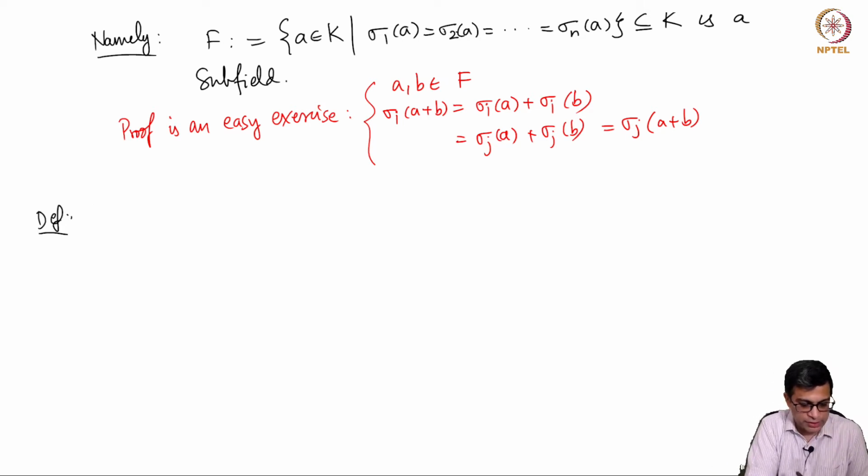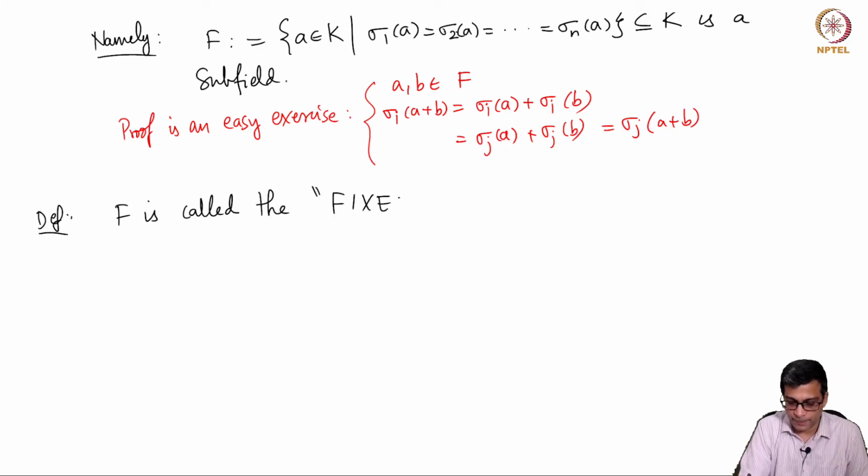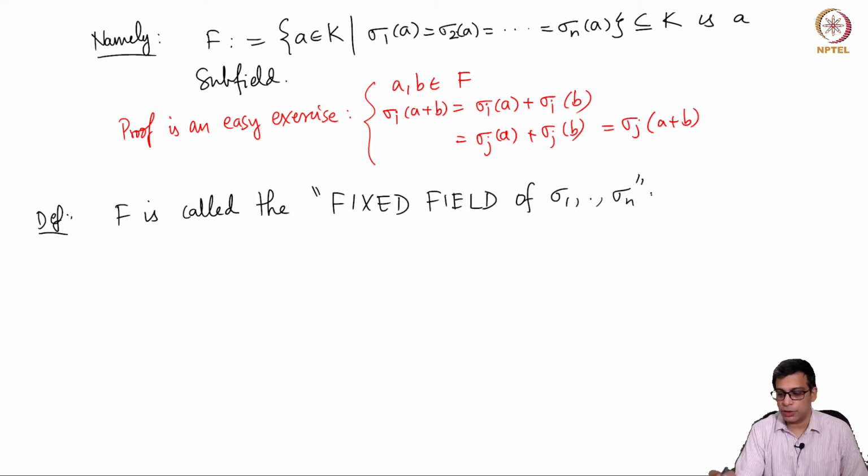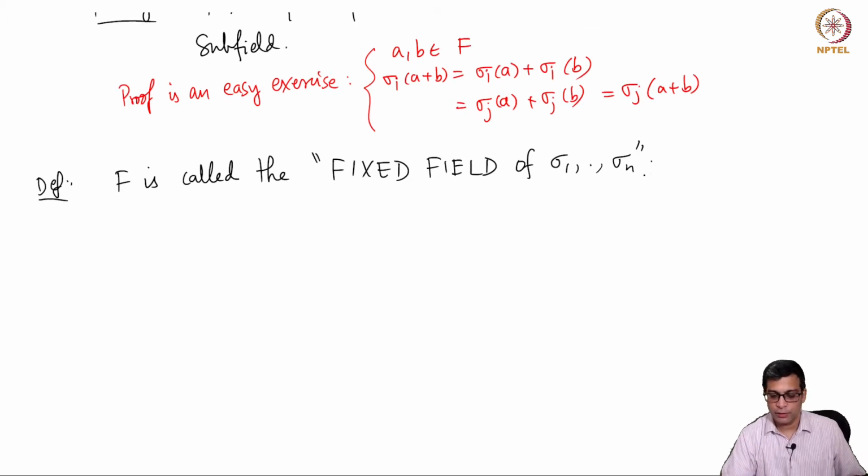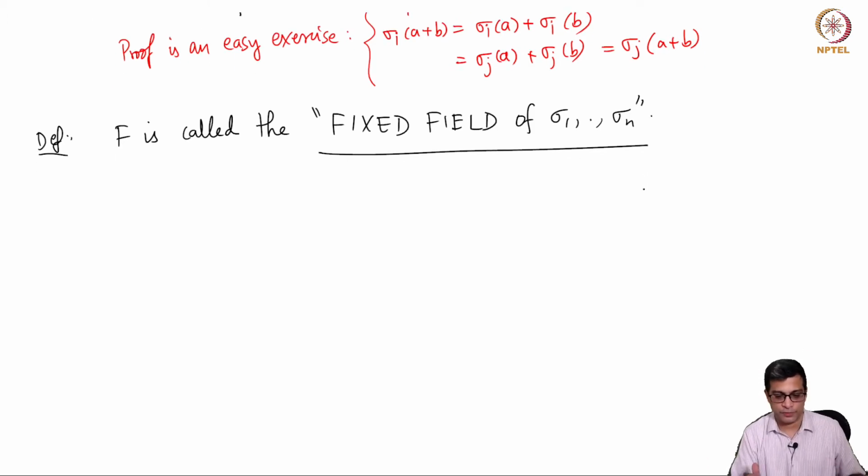The important definition for us is that F is called the fixed field of sigma 1 through sigma n. If you are given any collection of homomorphisms from K to L, the fixed field is the collection of elements which have the same image under all of the given homomorphisms.